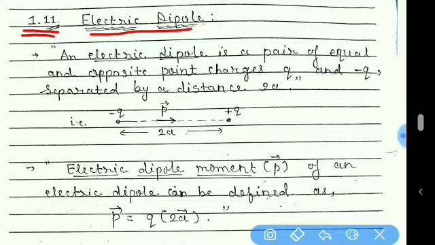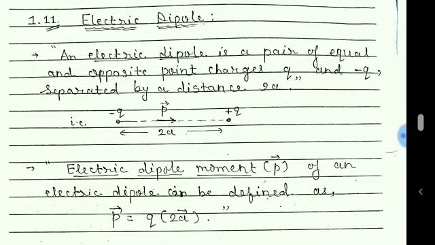Here in this figure there is a negative charge and there is a positive charge. These two charges are separated by a distance of twice a. Here you can see that the magnitude of the charge is the same. Here it is q and here also the magnitude is q, but their polarity is different.